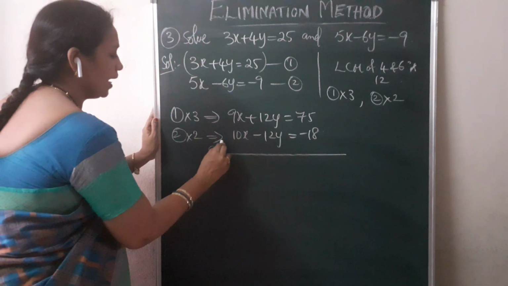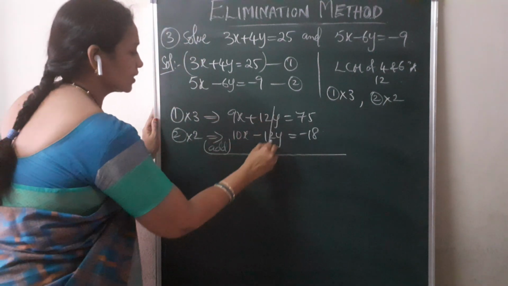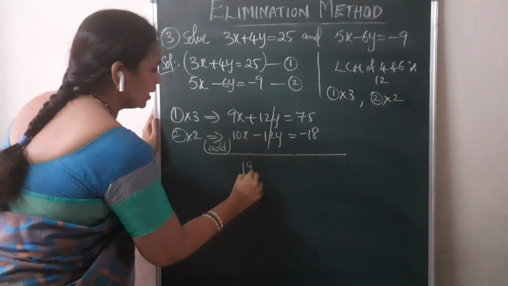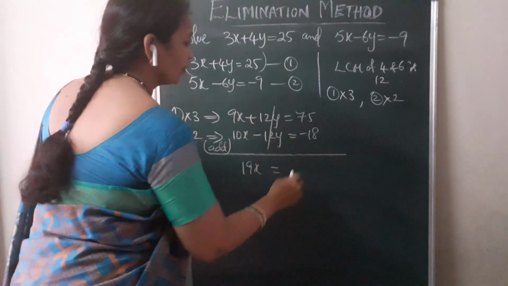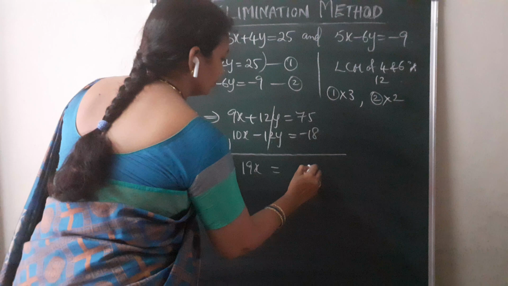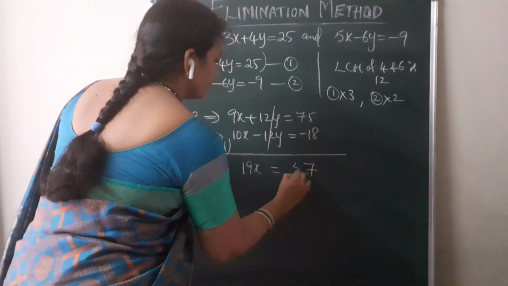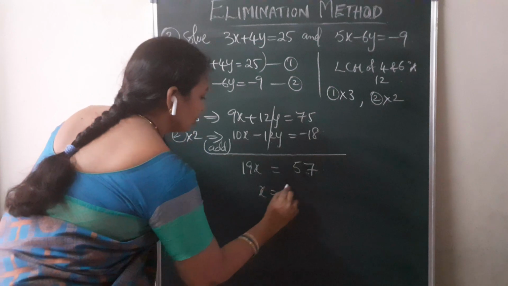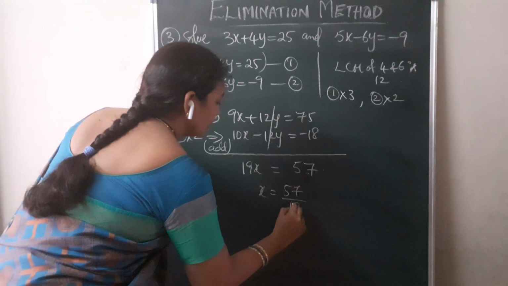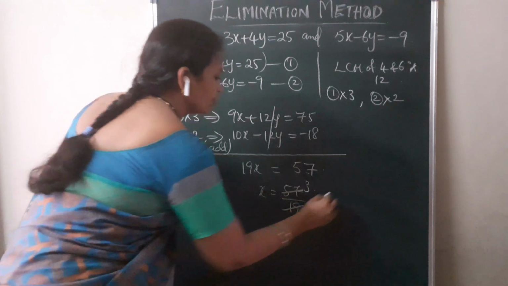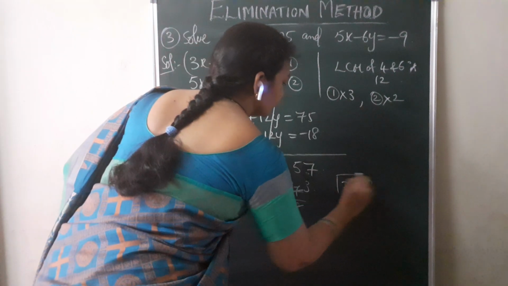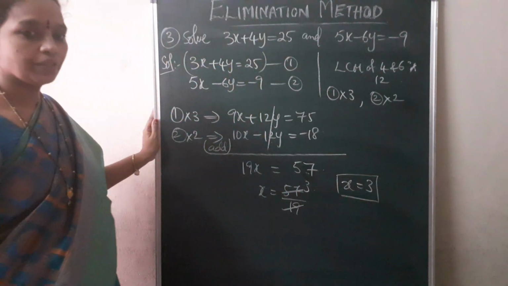Then by addition these two get cancelled and 19x is equal to how much? 57, and x is equal to 57 by 19, which is nothing but 3. So x is equal to 3 you will get.